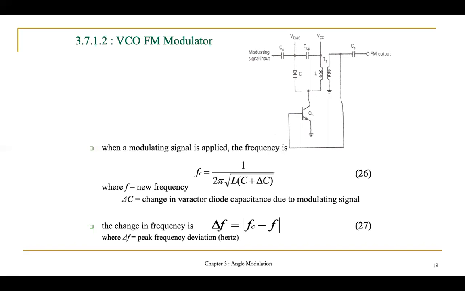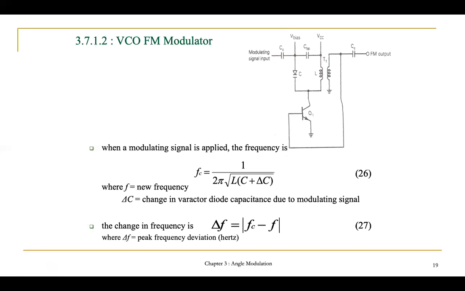So basically when you have a modulating signal, it will change the value of the capacitance, then it will change the value of the oscillator frequency. Same for this one. If you have a modulating signal, you will have a change in the capacitance, so you will have a value delta C.